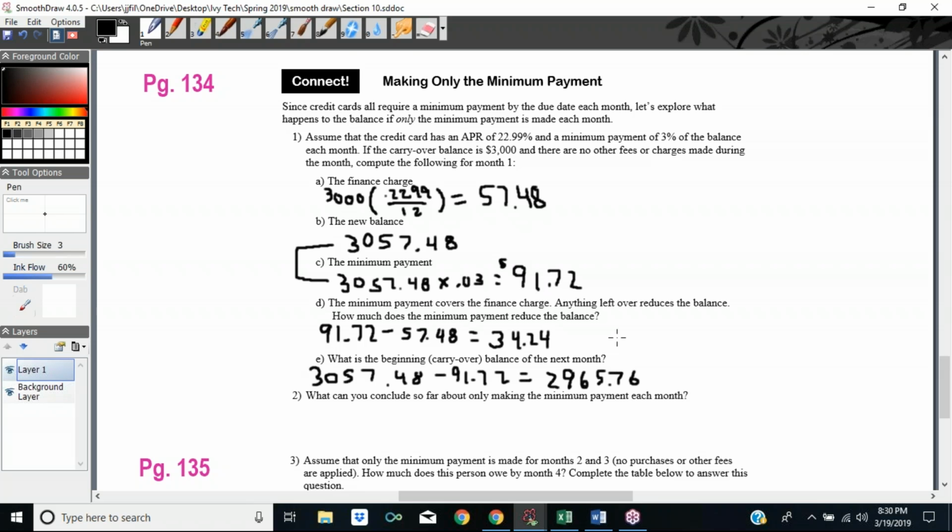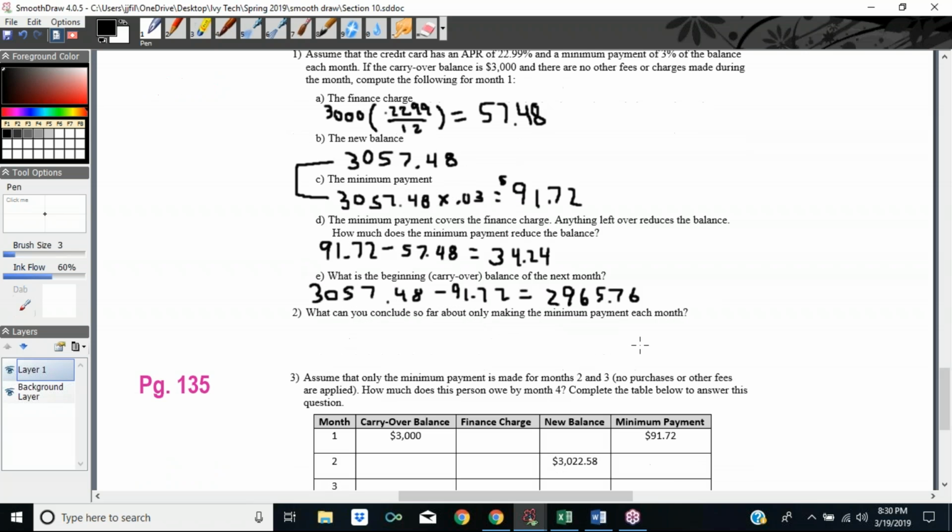So it says, what can you conclude so far about only making the minimum payment each month? It's a bad idea. There's only a small reduction in the balance, and it's going to take a long time to pay it off.